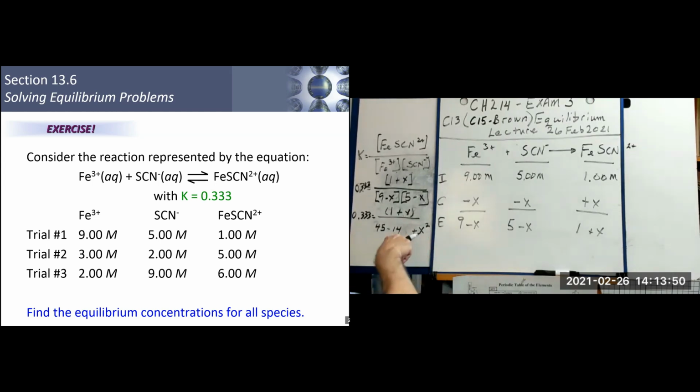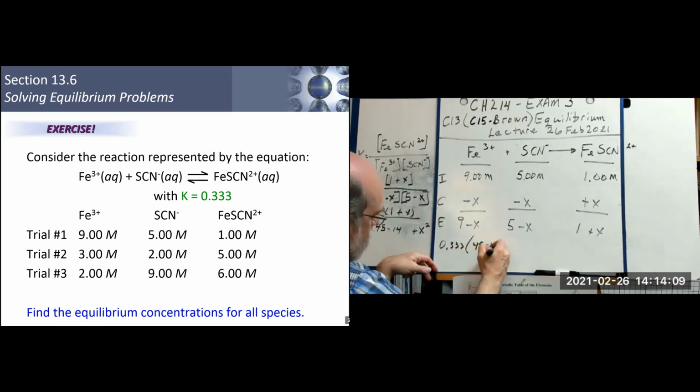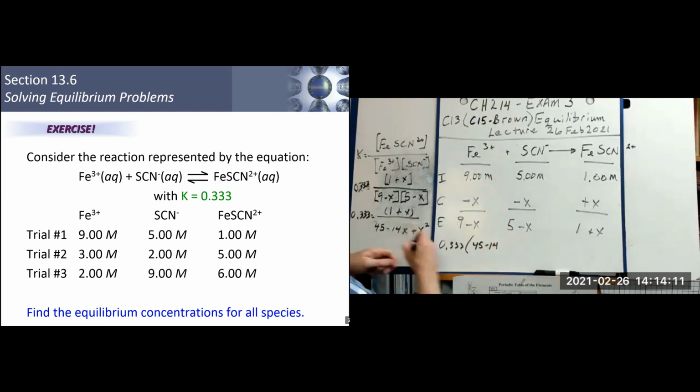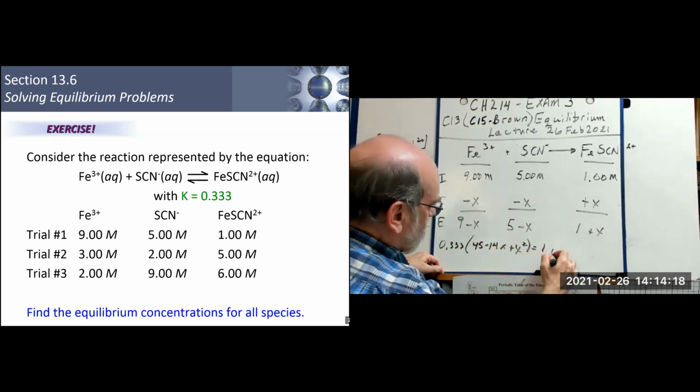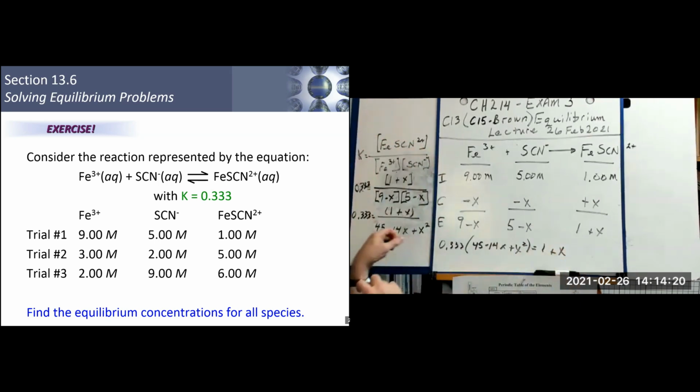So now, what we're going to do is, let's see, we have to put this one over on that side, right? 0.333 times 45 minus 14x plus x squared is equal to 1 plus x.